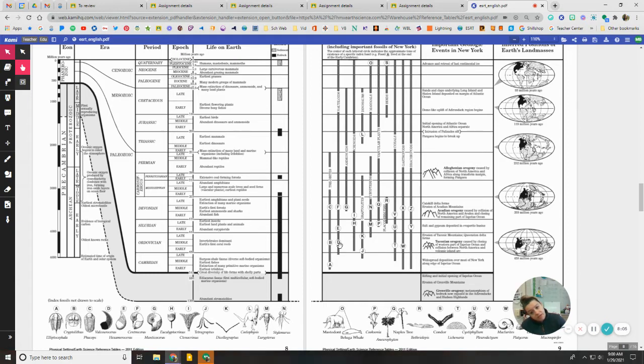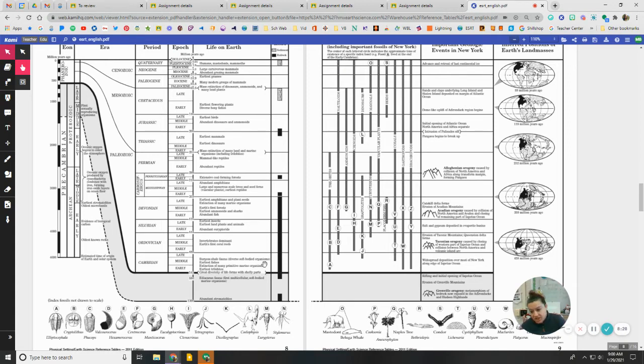If you look at D, E, and F, those are all different types of nautiloids. Nautiloids still exist today, different types, not the same species, but they're really cool looking animals. We'll talk about them another time.